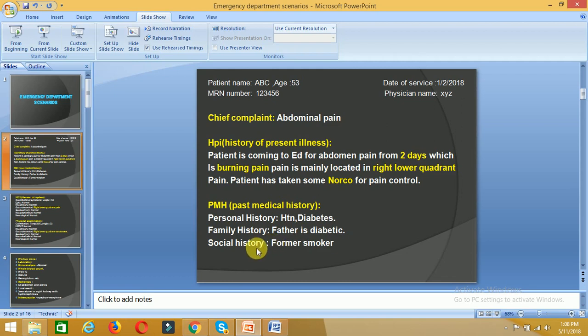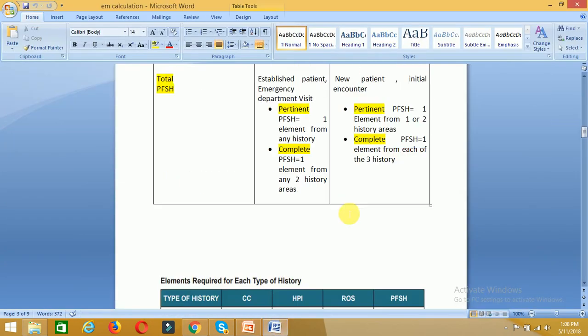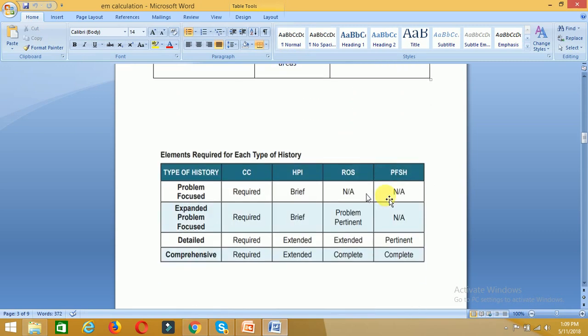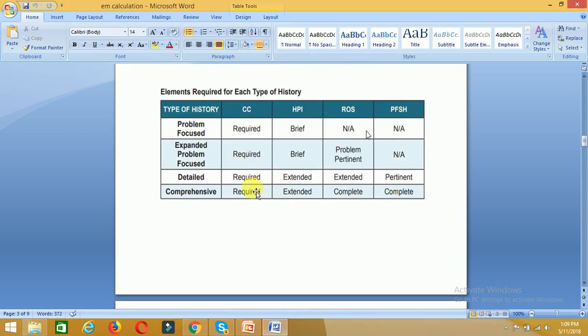That means I have one condition in each type of history, so it will be a complete PFSH, because I have one element from 3 histories. And as it is an emergency department, I am taking from the new patient initial encounter total PFSH. So I got chief complaint, extended HPI, extended ROS, and PFSH as complete.